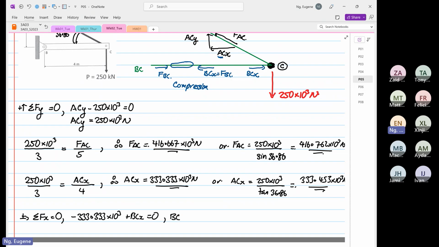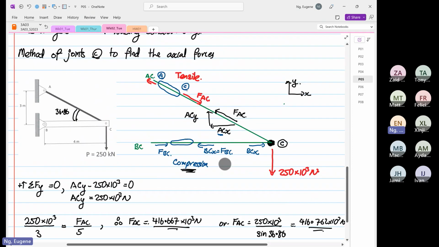So we know that BCX is equal to 333.333 times 10 to the power 3 Newton. And we also know that FBC is equal to this, but we know that FBC is under compression.